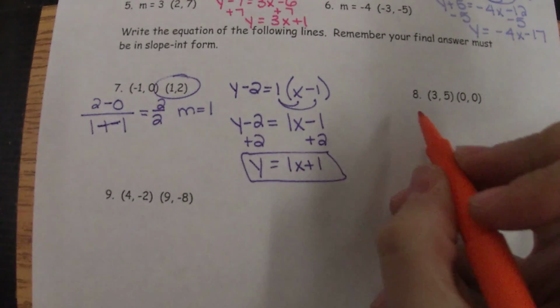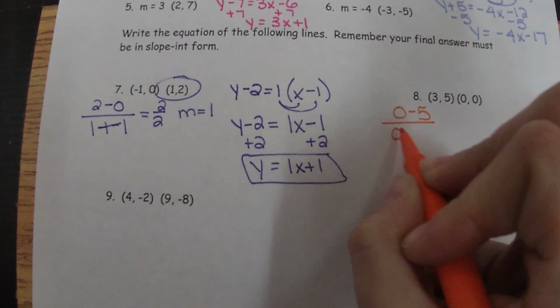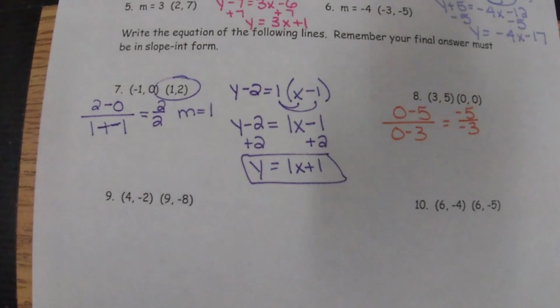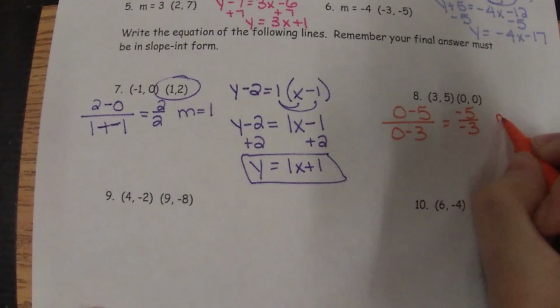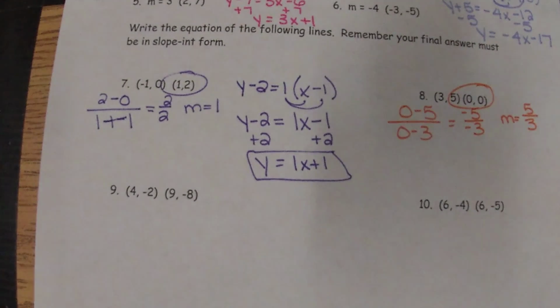Number 8, again, we will find the slope first. So 0 minus 5 over 0 minus 3 gives us a -5 over -3, which simplifies to a positive 5/3. I'm going to pick the point 0, 0 because 0 is going to be a lot easier to work with.